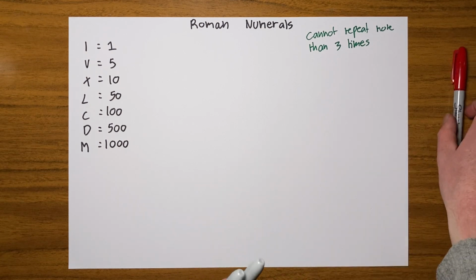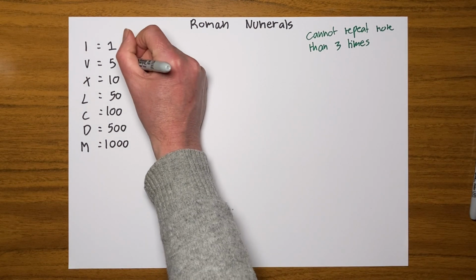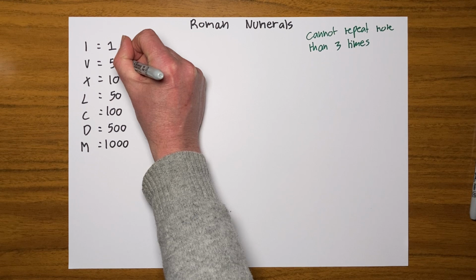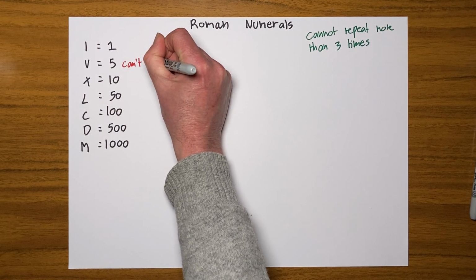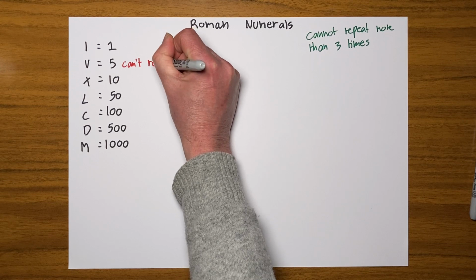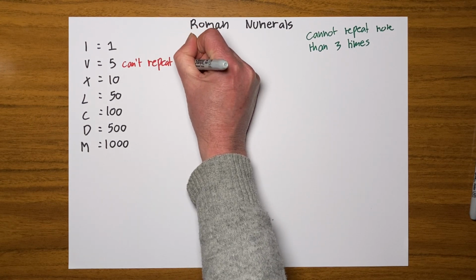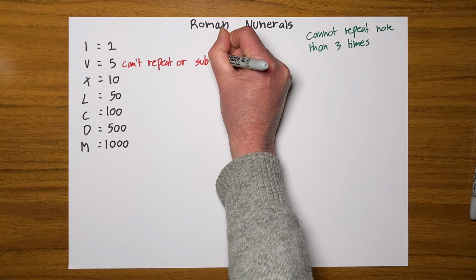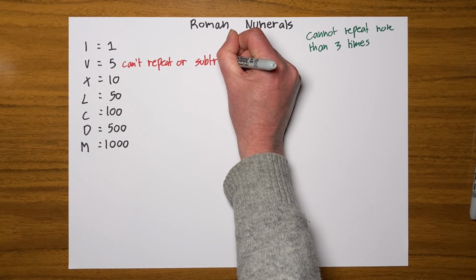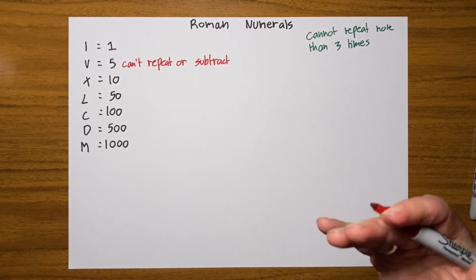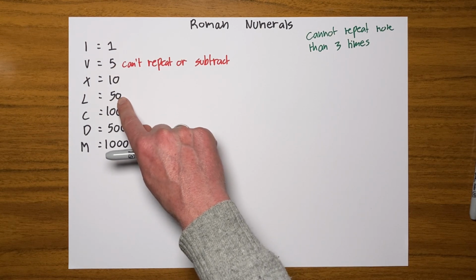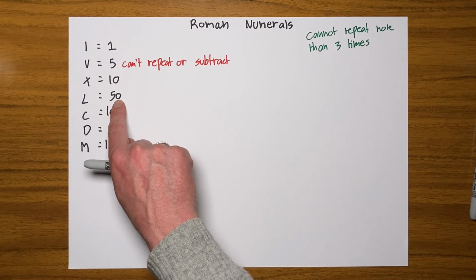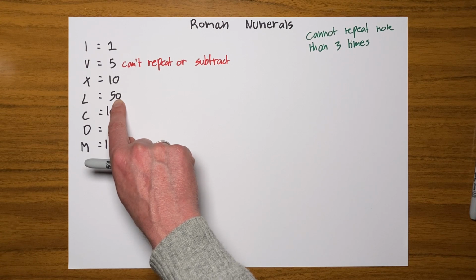So the first thing I'm going to just remind you is 5, okay, you can't repeat or subtract with V and 5, okay? So I couldn't, for example, do VL to mean 5 less than 50 as 45, okay?